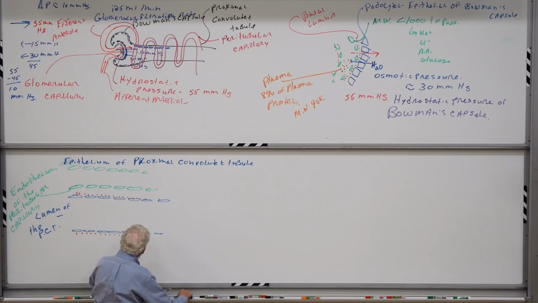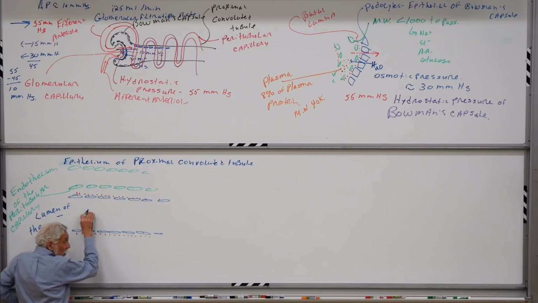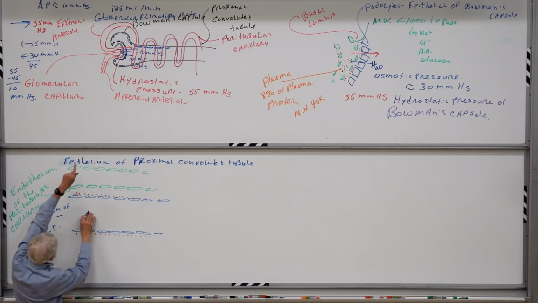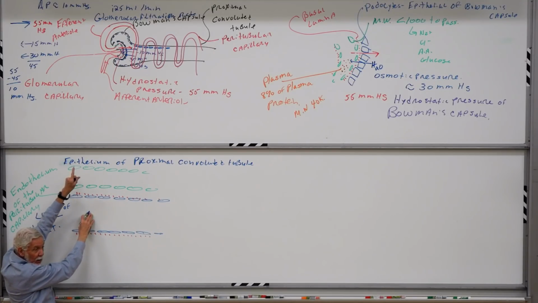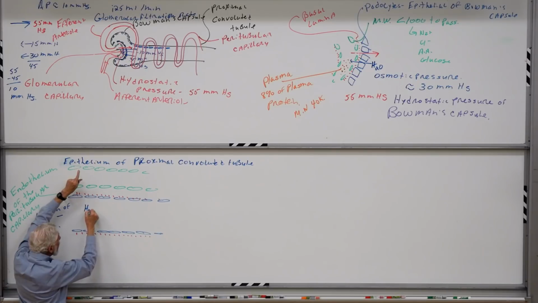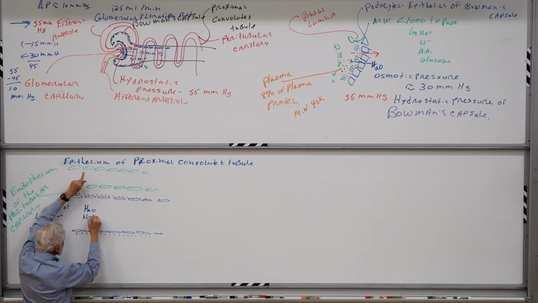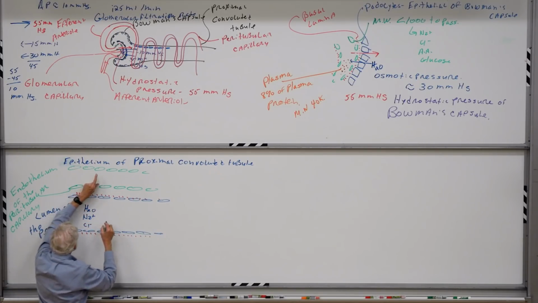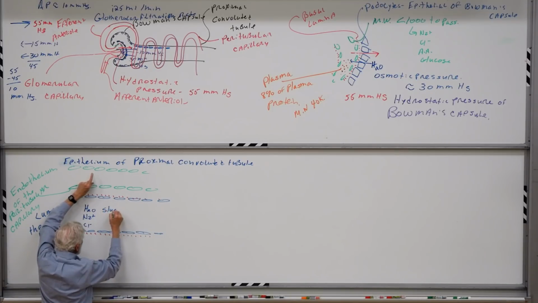So now in this tube, we have the fluid that we've pushed out of the capillary. So we're going to have water in here. We're going to have sodium ions, chloride ions, glucose, and amino acids.